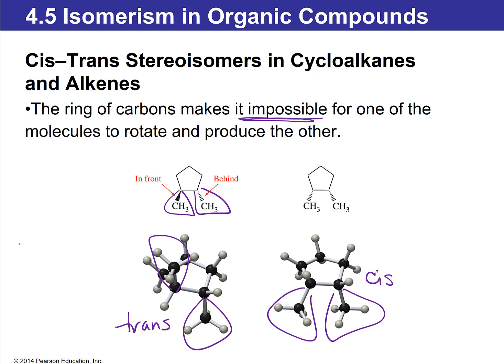This one would be trans-1,2-dimethylcyclopentane. The cyclo, that ring, you've got to put a cyclo in there, it means ring of 5. The one on the right would have the exact same name, except instead of trans, you would put cis in front.